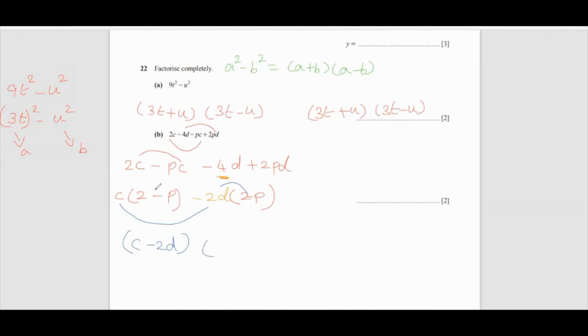Here I have 2 minus p, and here also I have 2 minus p, so write it only one time. The answer is (2 minus p) times (c minus 2d). Most of the time, whenever you have 4 terms, you need to do the rearrangement. Then only is it easy to factorize.